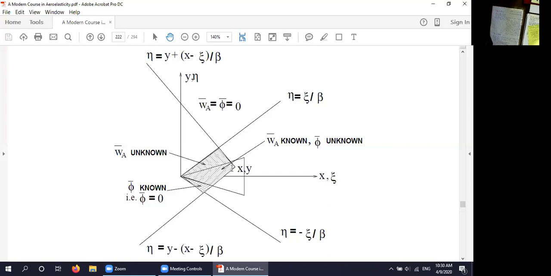By the way, this solution procedure is called, not surprisingly, the Mach box method, since it's related to these Mach lines and how you set up the code. One of the early pioneers in this method was a fellow named Samuel Pines, and some people irreverently refer to this method as the pine box.